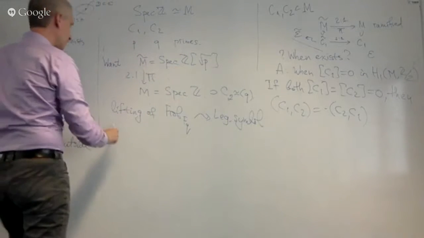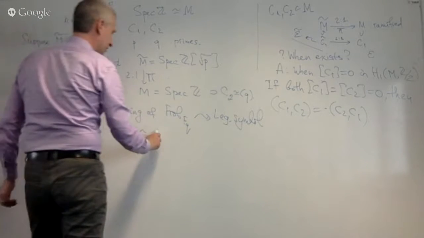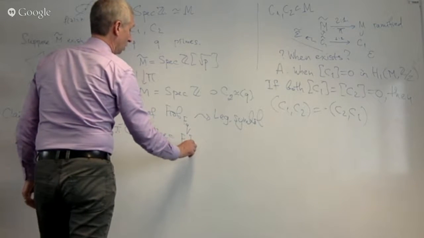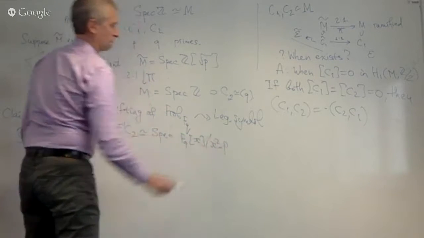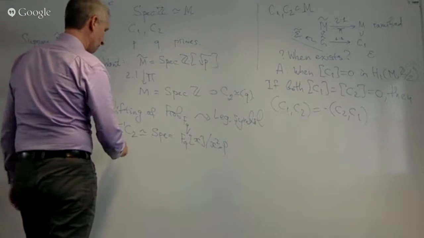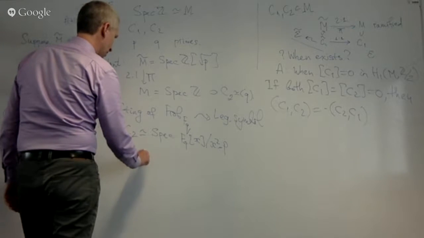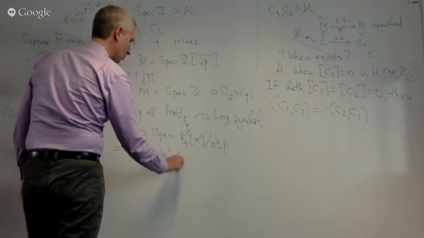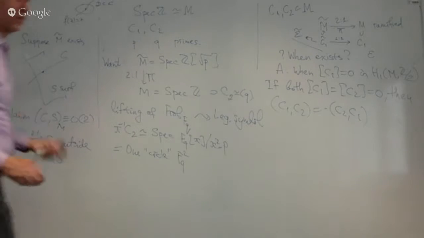What is phi inverse of C2 will be the spectrum of the following ring: Spec F_Q[x] with x squared equal to 1 over... So it is one circle, so to say. F_{q squared}, so F corresponding will be a new finite field.